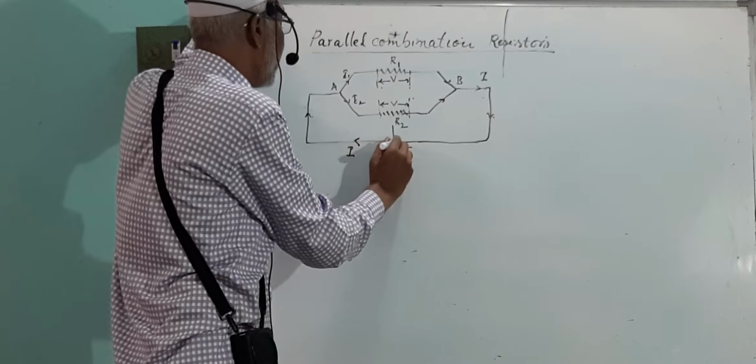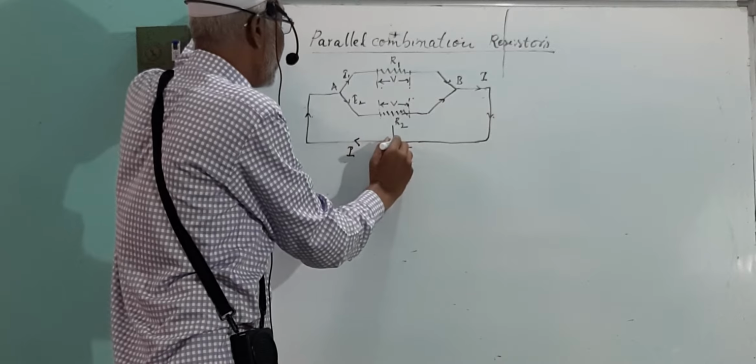Across this combination, a battery is connected. Since you are connecting a battery, it produces the potential difference. So let V be the PD, the potential difference across the combination of resistors.